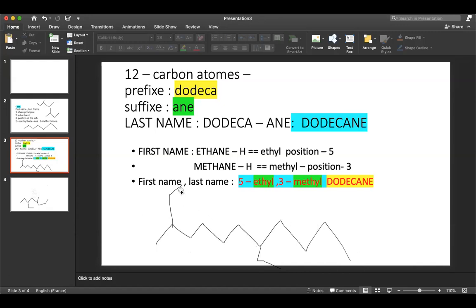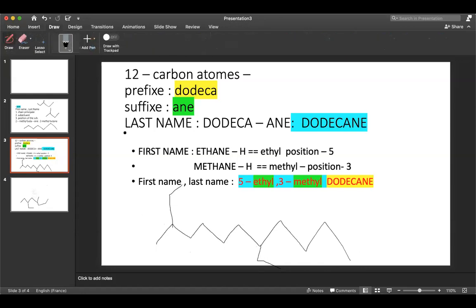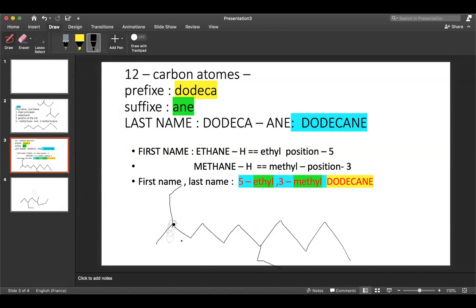Because when you look at the position of this substituent here, this one is a substituent, and there is another position here. So which one is the shortest possible position to the closest substituent? Which one is the shortcut to the nearest substituent?